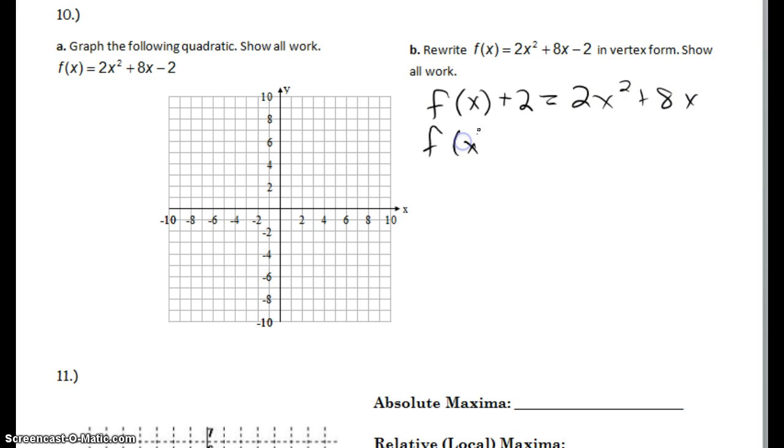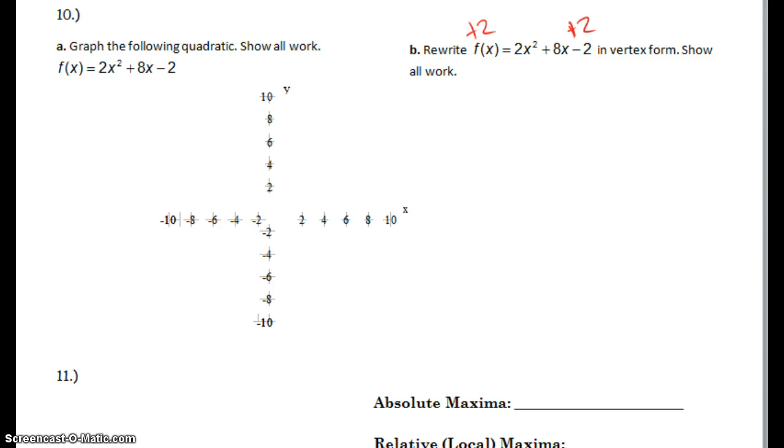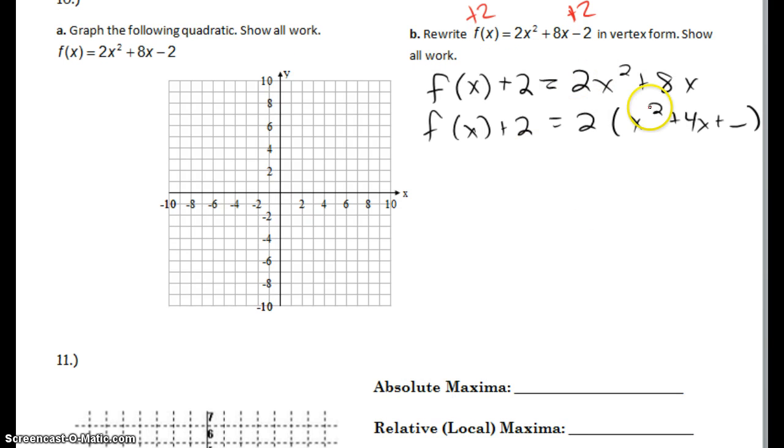So I have f of x plus 2 is equal to 2x squared plus 4x. Now, we cannot have our parentheses span over an equal sign. That doesn't happen. So we move that 2 over by addition first. We add 2 to both sides before we factor out our GCF.